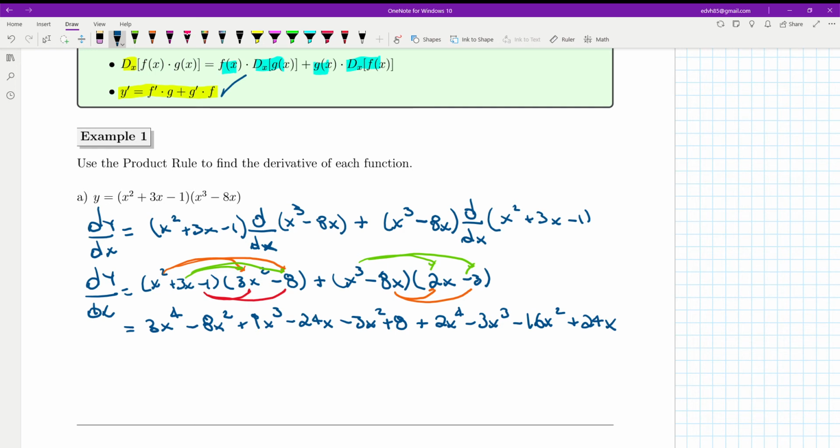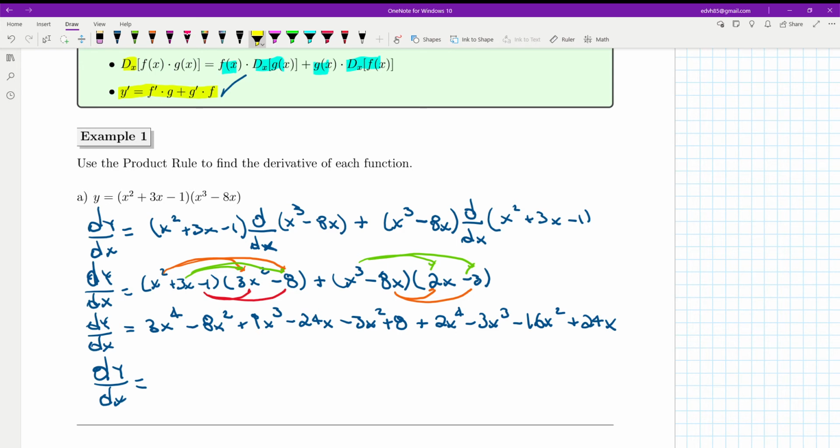So over here we're ready to simplify all this by combining like terms. So that's what we're going to do here. Okay, let me rewrite all this. So that's dy dx. What I like doing is to combine all the fourth powers with fourth powers.